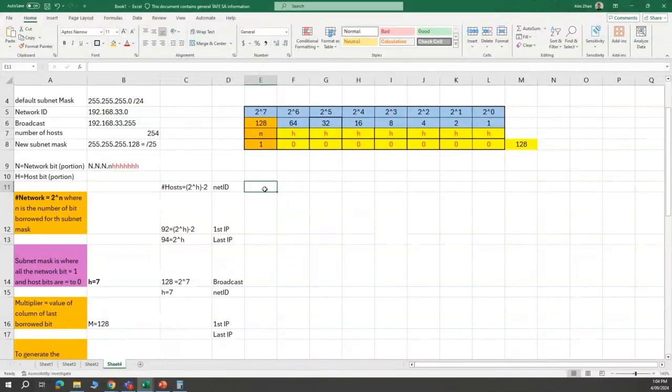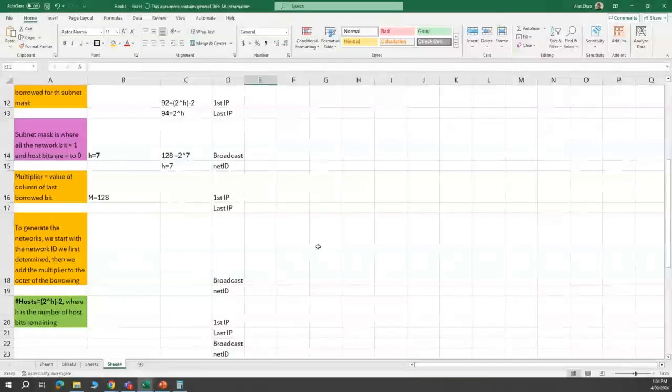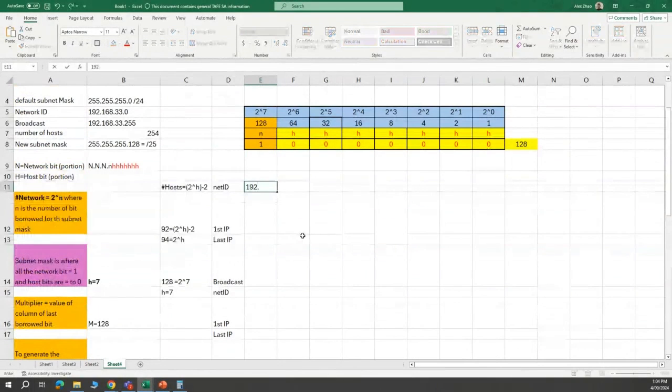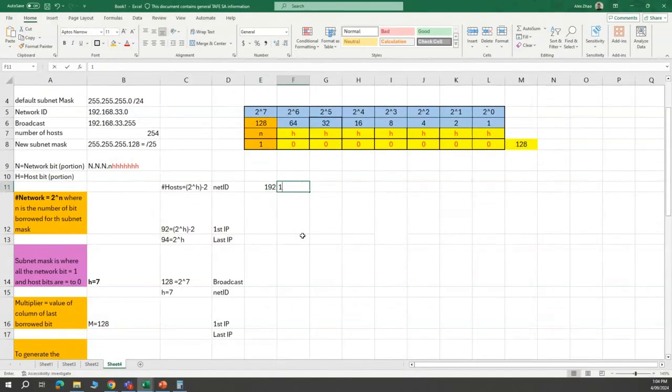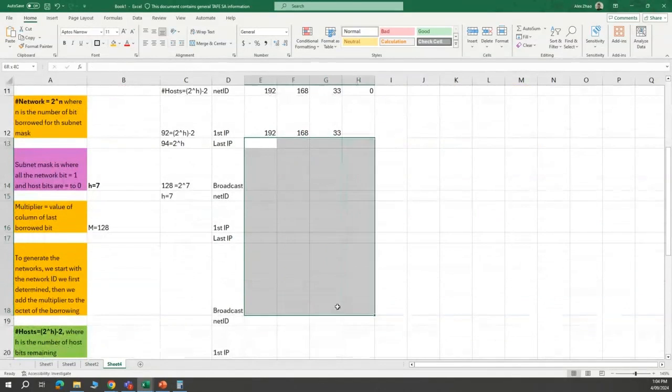And we need to generate the networks. So to generate the networks, we take the original network ID, 192.168.33.0, and we'll just copy.